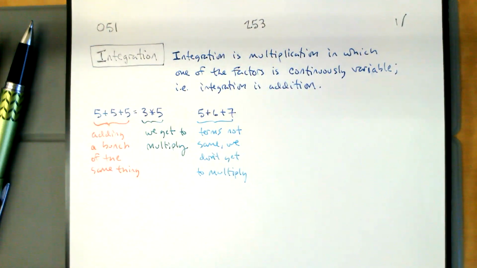We just have to stay with addition. Multiplication is like an upgrade. But with 5 plus 6 plus 7, we just have to stay with addition.